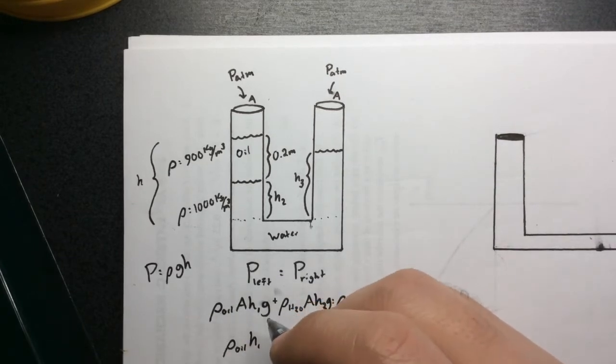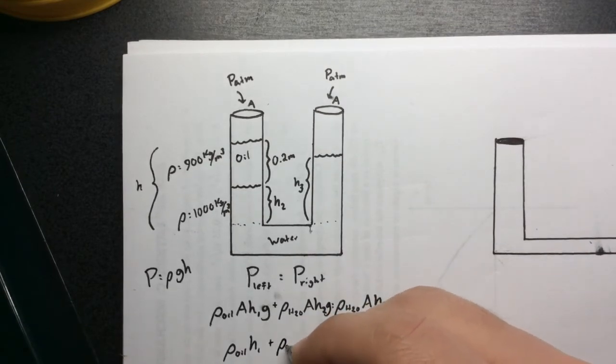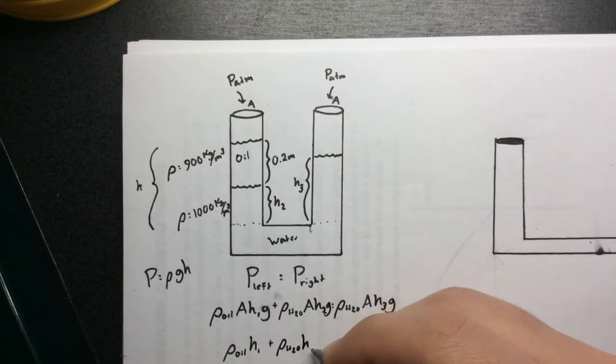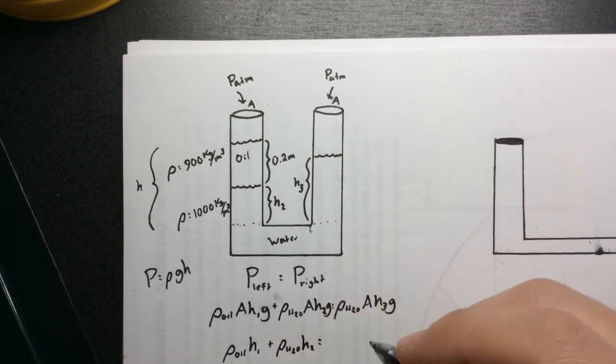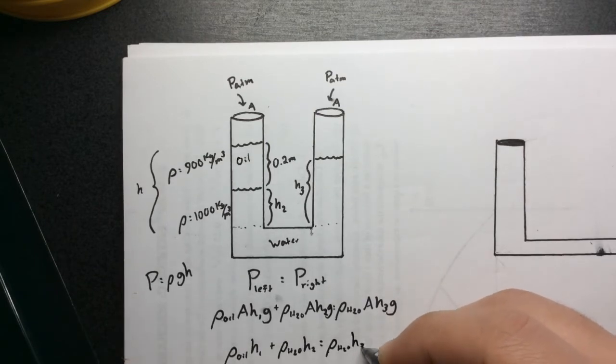All right, rho, H, A's, G's are all gone, plus rho H2, and that's going to be equal to rho H3.